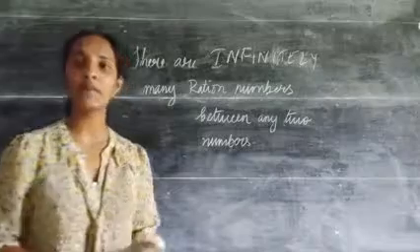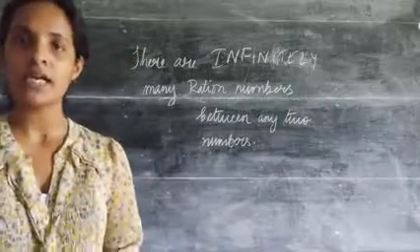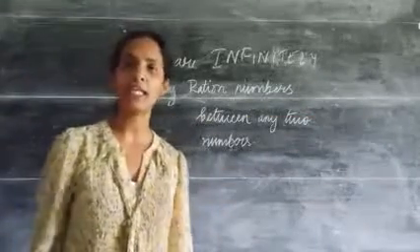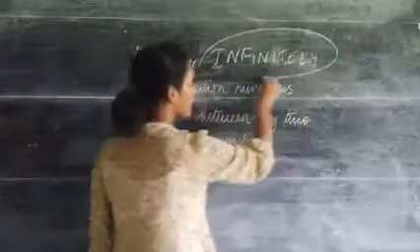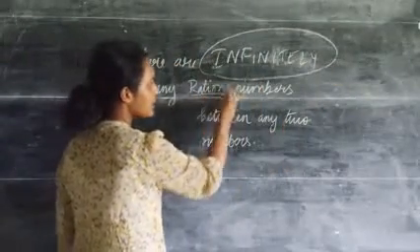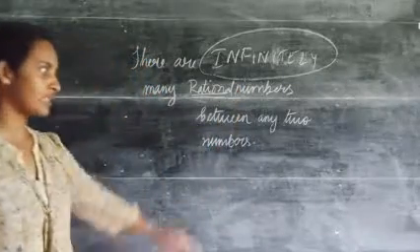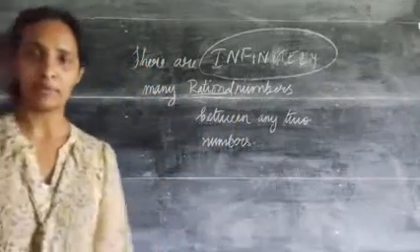There are how many numbers between any two given rational numbers? There are infinitely many rational numbers between any two numbers.